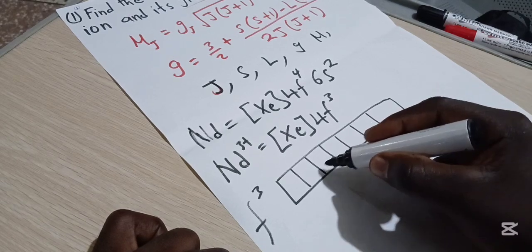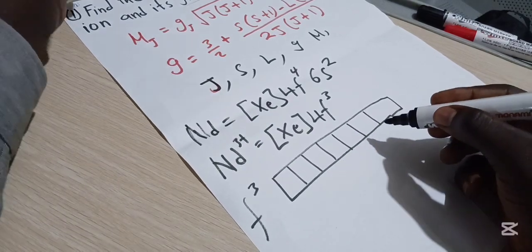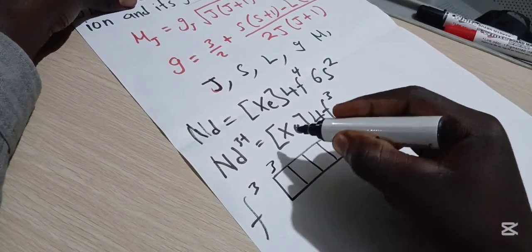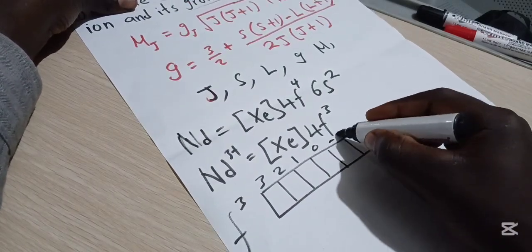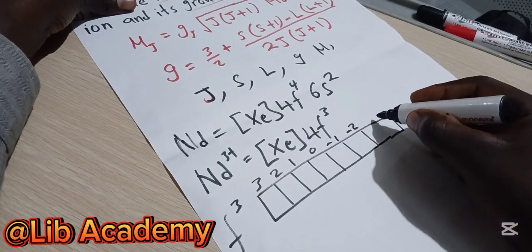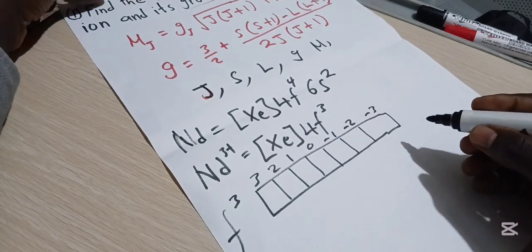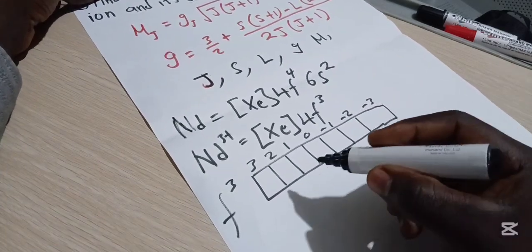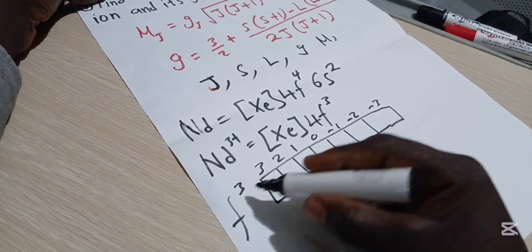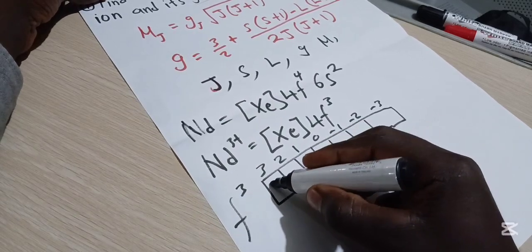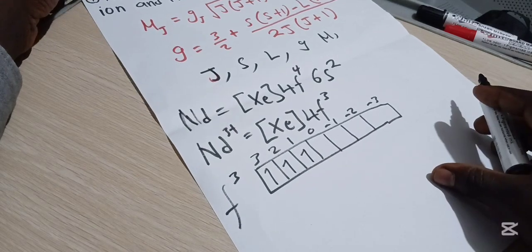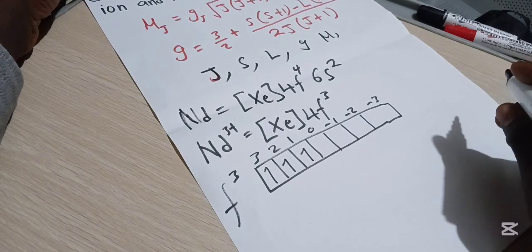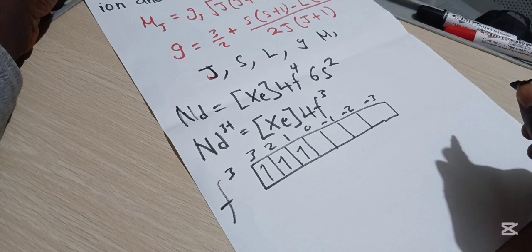We number them 3, 2, 1, 0, minus 1, minus 2, minus 3. How many electrons do we have in the f orbital? We have 3, so let's start filling singly: 1, 2, 3.